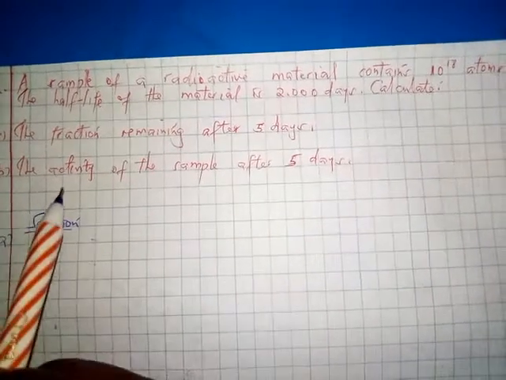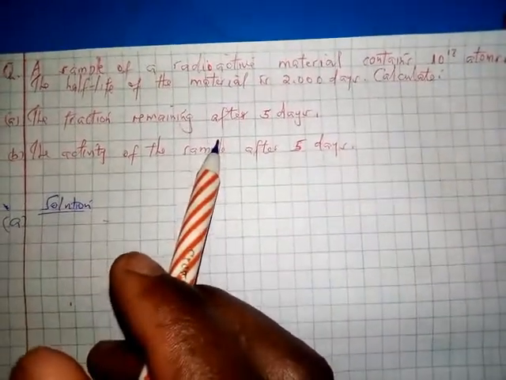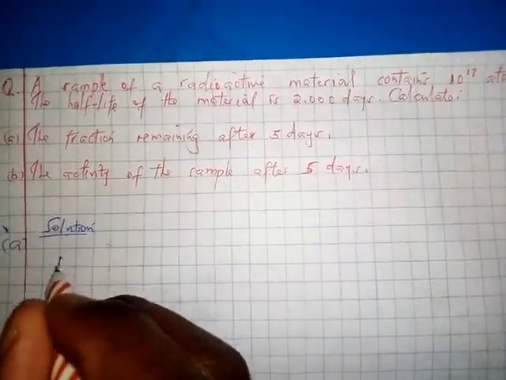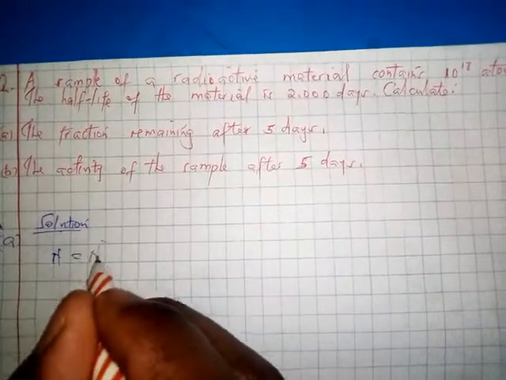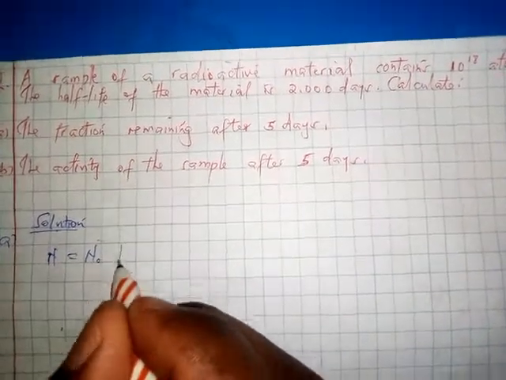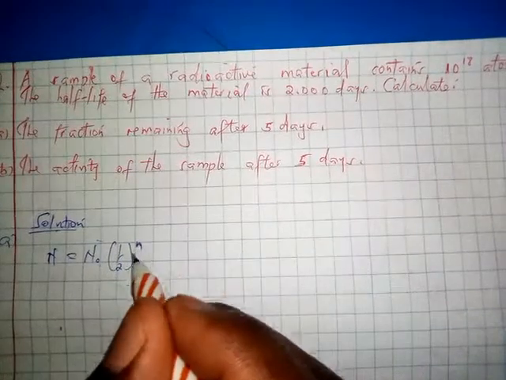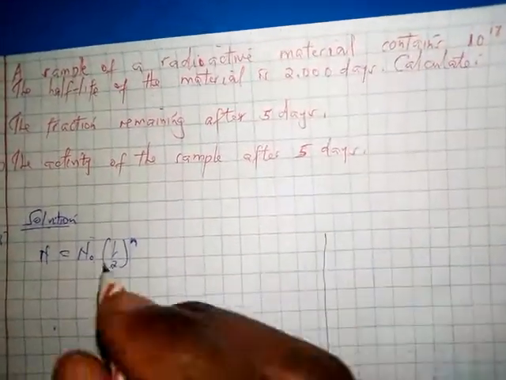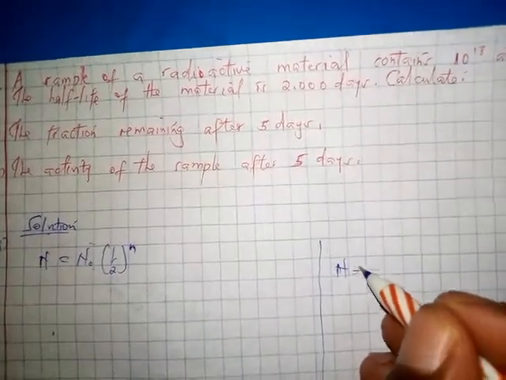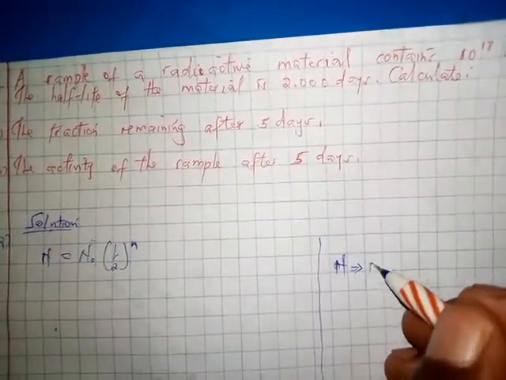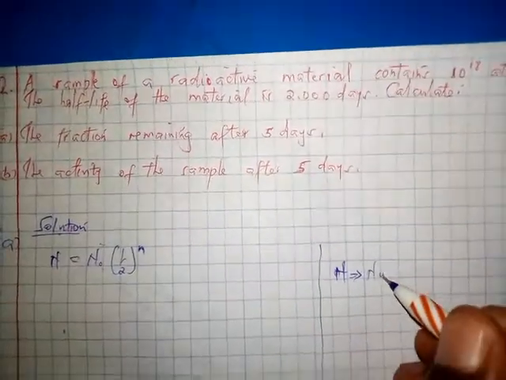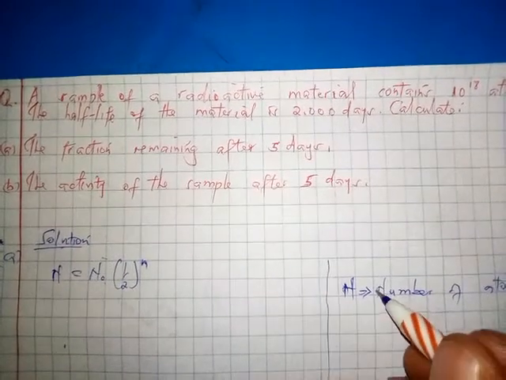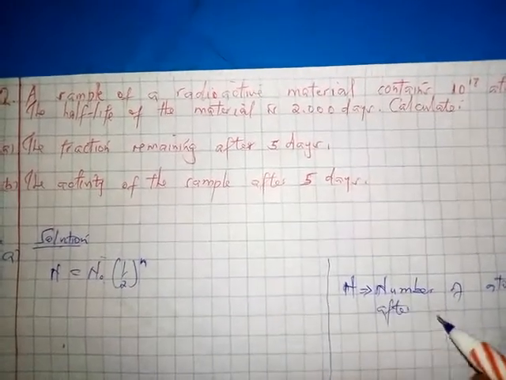Section A of the question, the fraction remaining after 5 days. We shall use the formula N is equals to N naught times a half raised power n, where N is the number, in this case the number of atoms after disintegration.